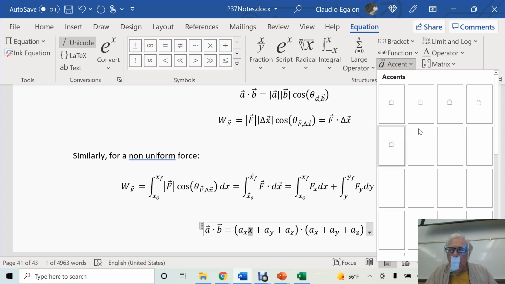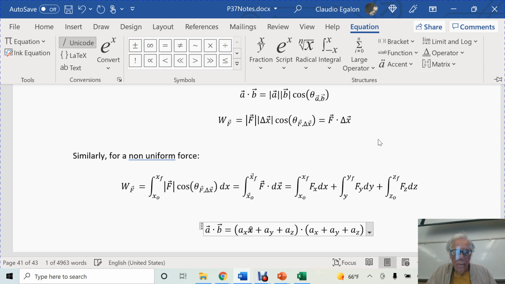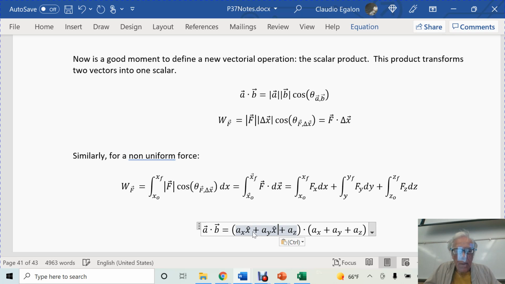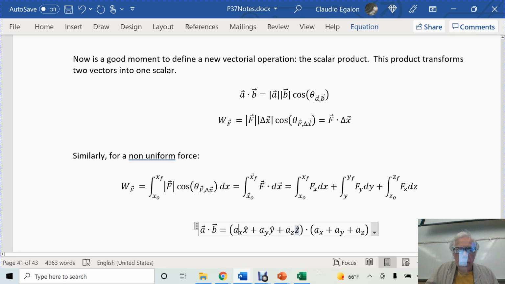A x hat, y hat, and z hat. So here we go.